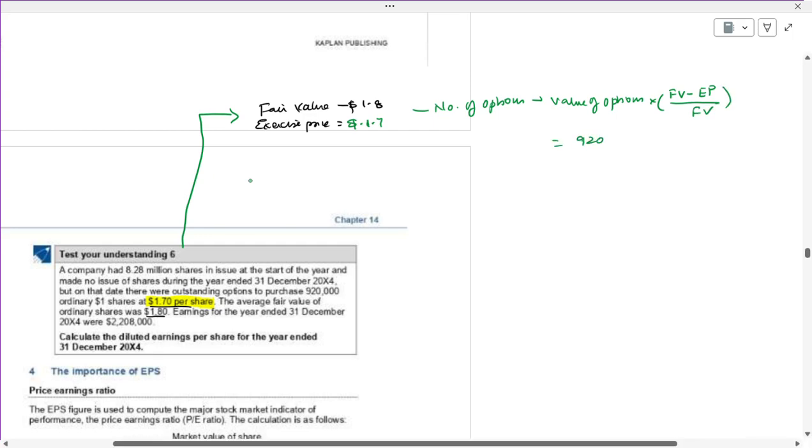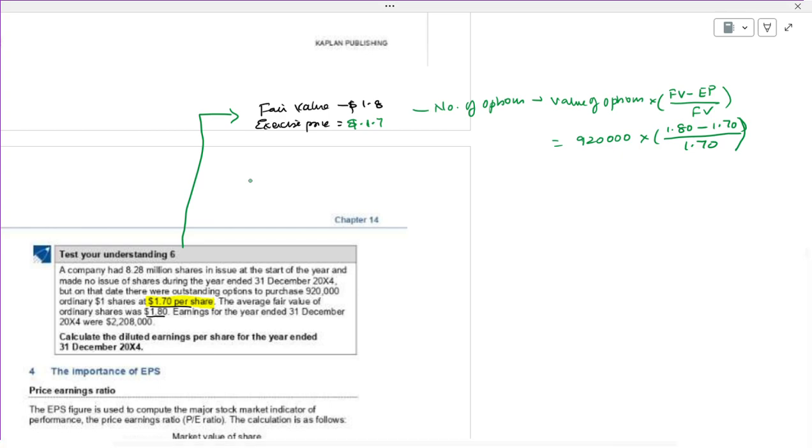Number of options is 920 times 1.8 minus 1.7 divided by 1.7. How much will you get? 920 times 0.10.